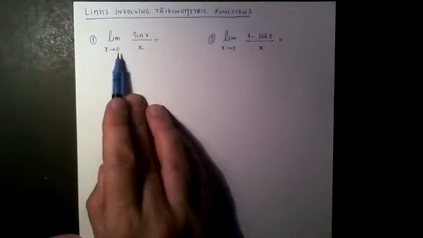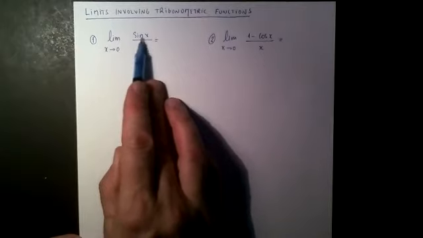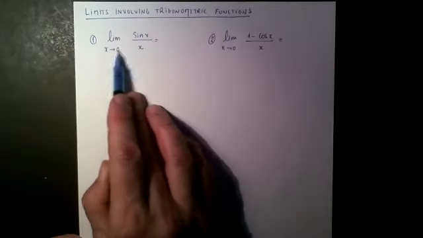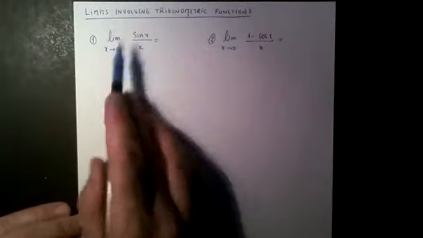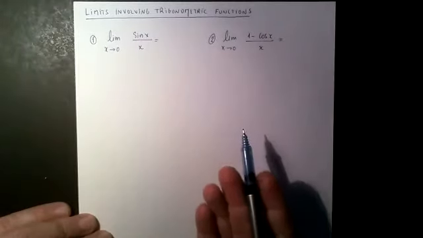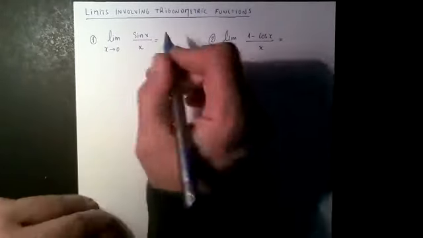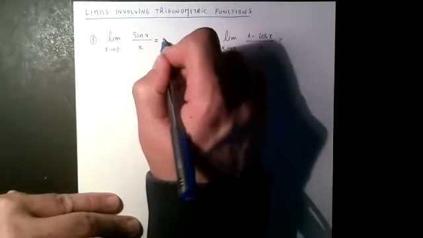If I plug in 0 here, I get sine of 0, which is 0, over 0. So I'm going to get 0 over 0. But there's no algebra you could do here, so I'm just going to have to state for you that this limit is equal to 1.